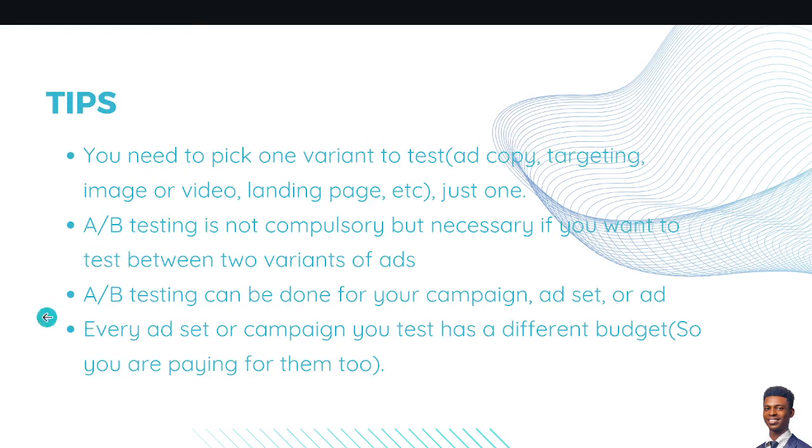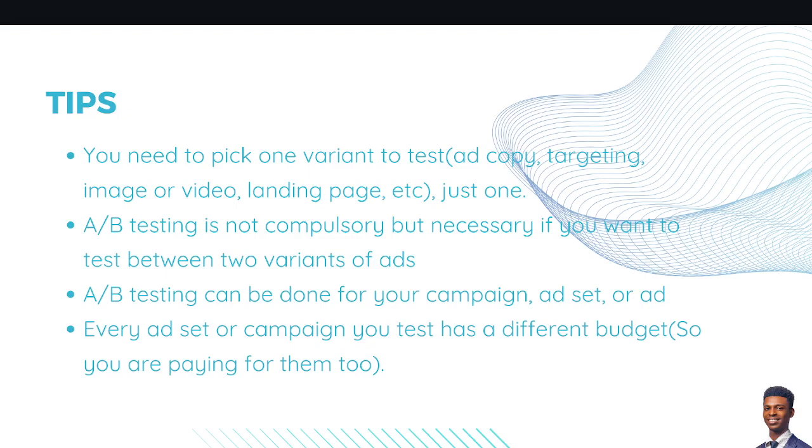Now, A/B testing is not compulsory, but it's necessary if you want to test between two variants of ads. A/B testing can be done for your campaign, ad set, or ad. Every ad set or campaign you test has a different budget. So if you are doing A/B testing for two different ads, 5,000 daily budget, 5,000 daily budget, that's 10,000 naira.